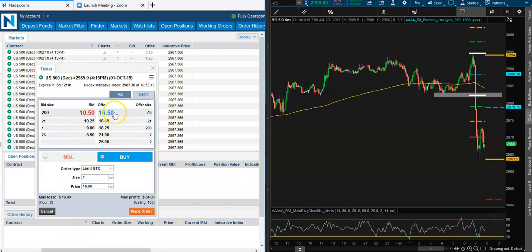Because if we get up to the 83 level and we're looking at the 85, we might make, what would you say? Maybe $42? Yeah, if it goes all the way to 85.